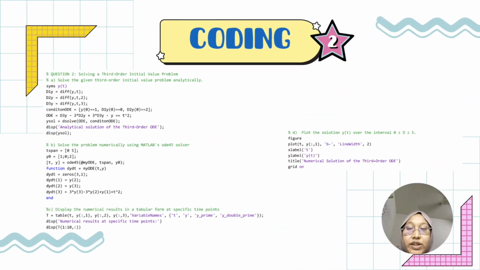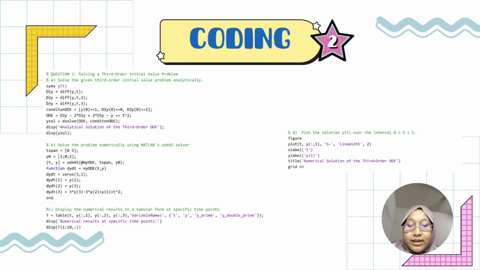In this task, we solve a third order differential equation using both analytical and numerical approaches in MATLAB. First, we use symbolic math to solve the ODE analytically with the solve function, applying the initial conditions given for y(0), y'(0) and also y''(0). Then we implemented a numerical solution using the ODE45 solver. We converted the third order ODE into a system of first order equations to be compatible with ODE45.